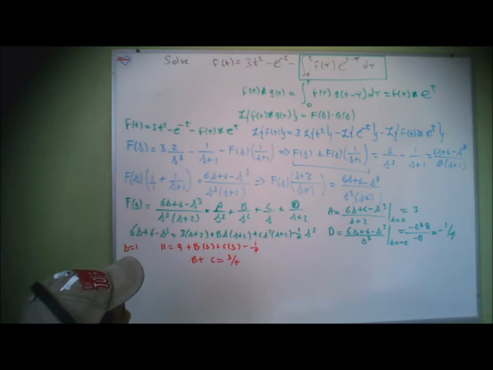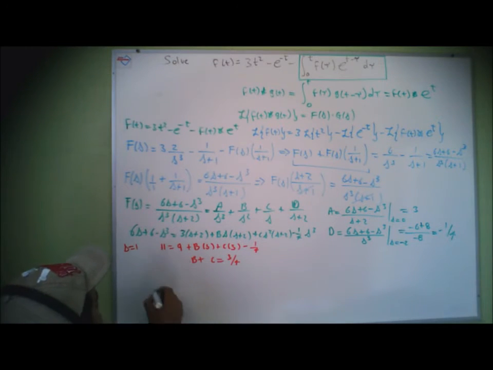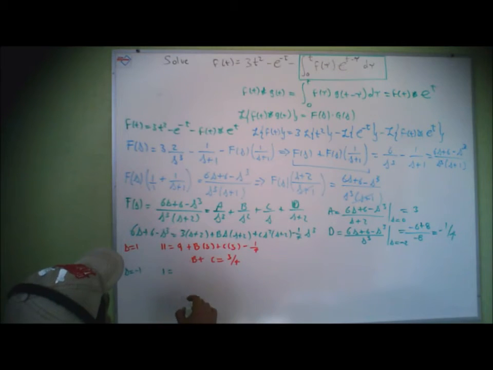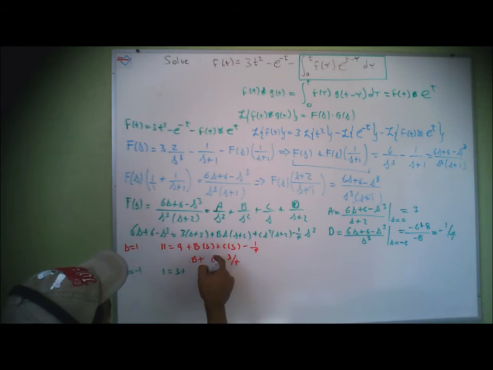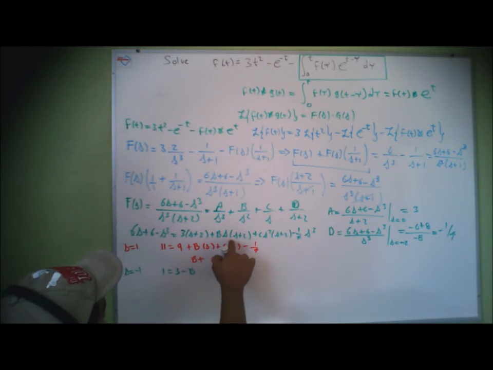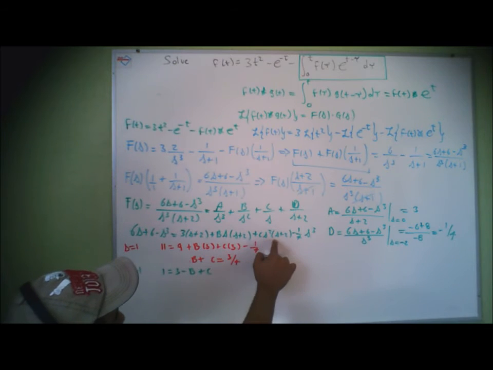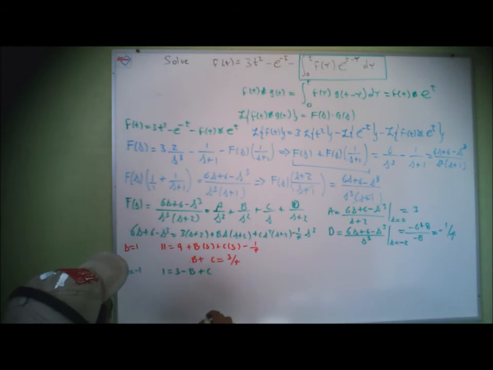Okay, for the other equation, let's choose s equal to minus 1. Let's see what happens. Minus 1 here, minus 6 plus 6, 0, and then minus 1 to the power of 3, negative, and then it's going to be equal to 1. 1 is equal to minus 3 here, minus B here, because minus 1 and 2 is equal to 1 positive, and then plus C here, minus 1 positive, okay, minus plus 1 quarter.